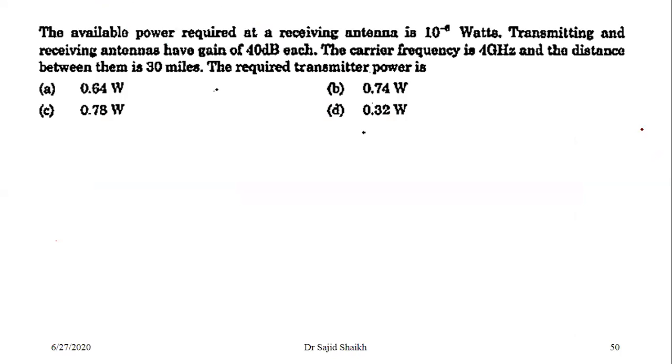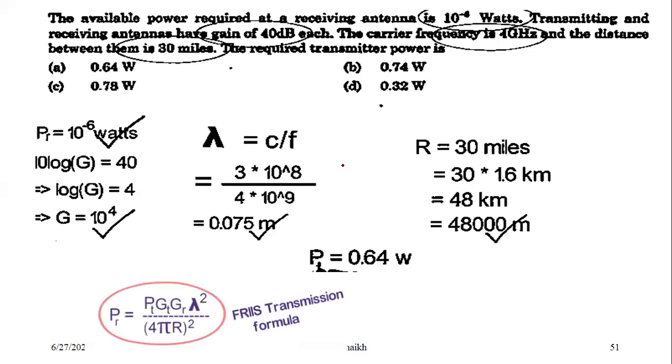In this example we already discussed, the received power is given, the frequency is also given, and the gain is also given. From this we calculate the transmitted power. We already solved this problem, and we know how to calculate the total amount of transmitted power.